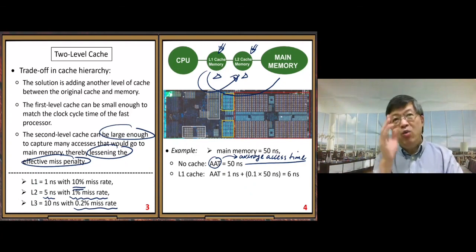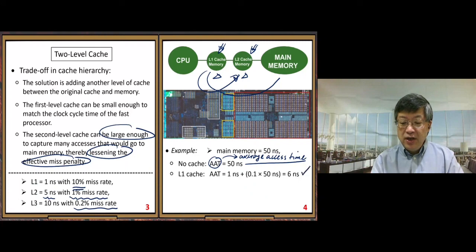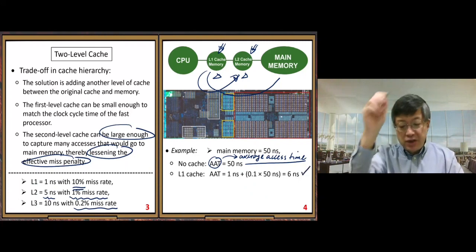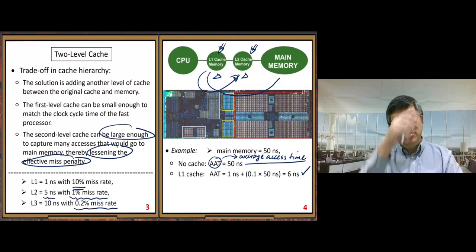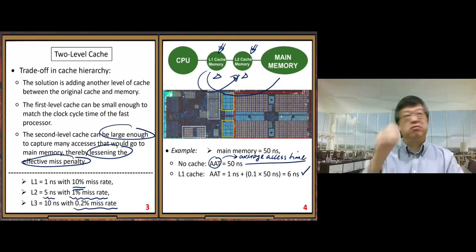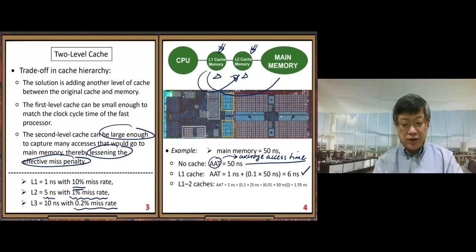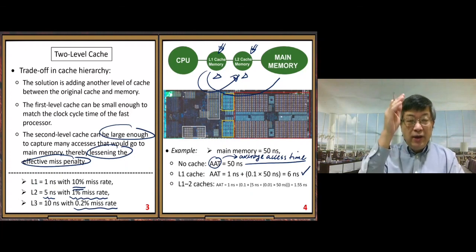Second, we just use the L1 cache. We only use the L1 cache. By our average memory access time formula, you can see the number is reduced from 50 nanoseconds to 6 nanoseconds. Pretty big reduction, right? Next, L1 and L2 cache.